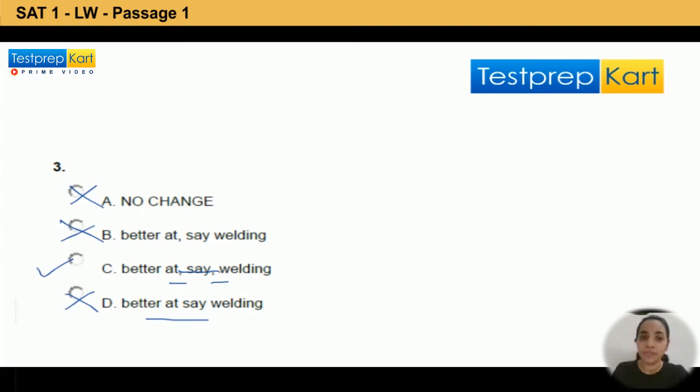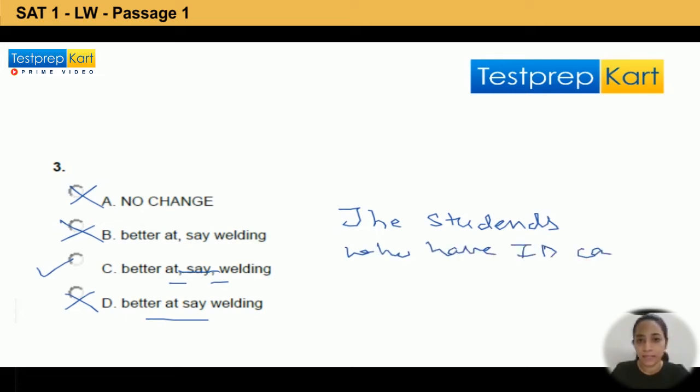When this information is something very essential, right? For example, the students who have ID cards can enter. Now you can see, if you ask what kind of students can enter, you have the students who have ID cards.